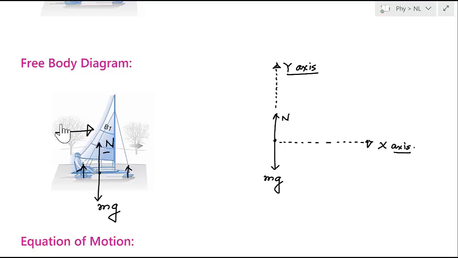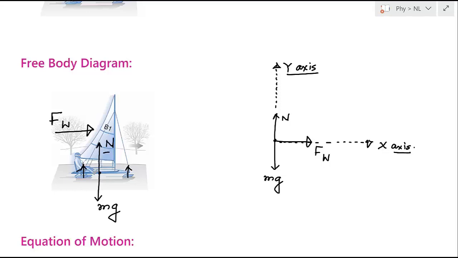One force that is acting is due to the wind, that is Fw. So we can show this force Fw something like this. Friction forces are also acting, but friction forces act in the opposite direction of the motion. Friction force always tries to oppose the motion.